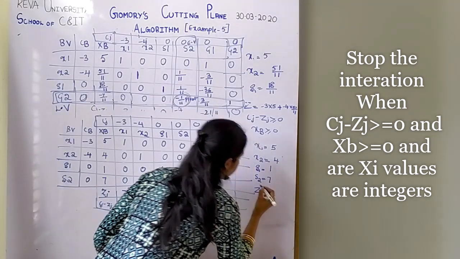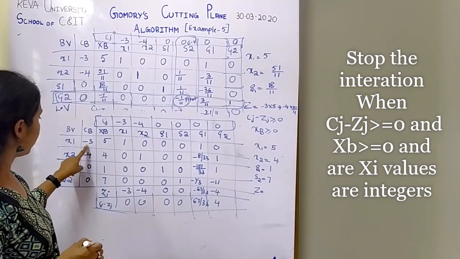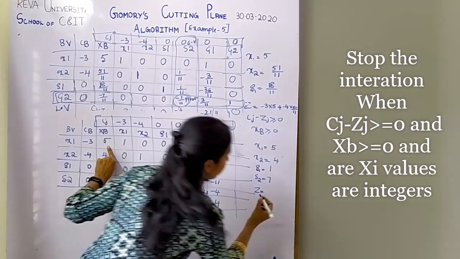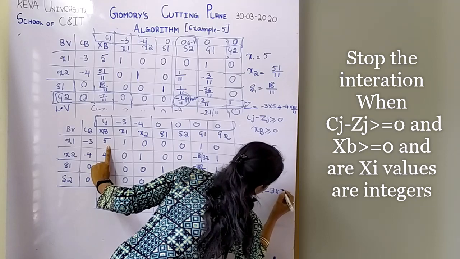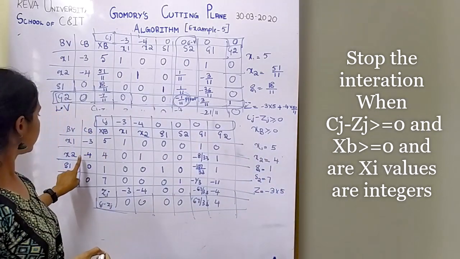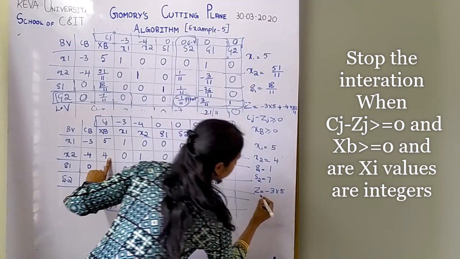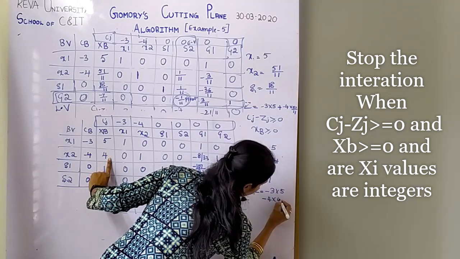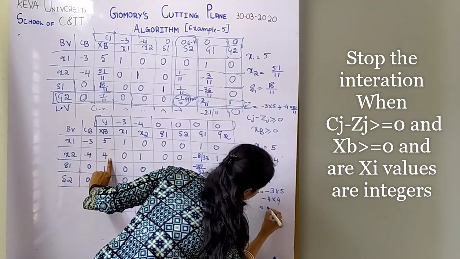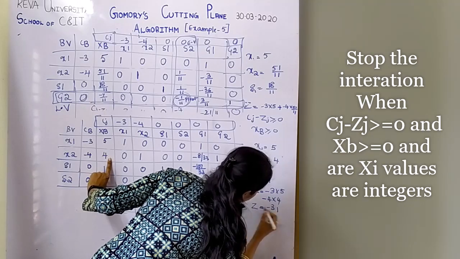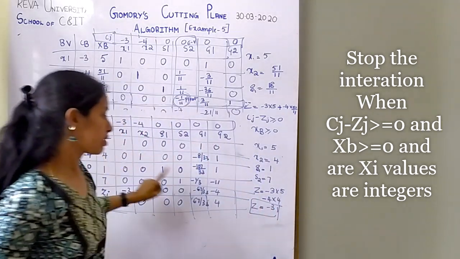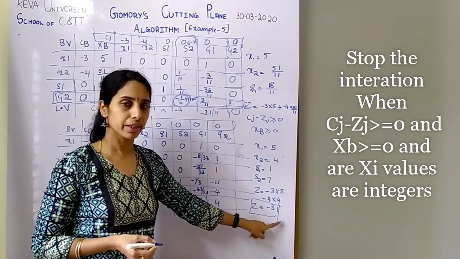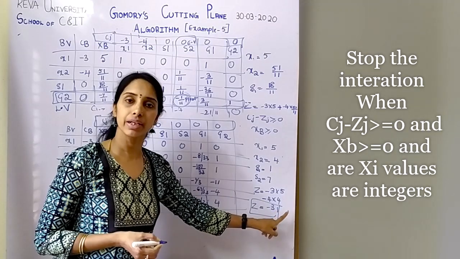And what is z? Z is equal to minus 3 into 5 plus minus 4 into 4. So you will get minus 31. Since it is a minimization problem, we will get here minus 31.